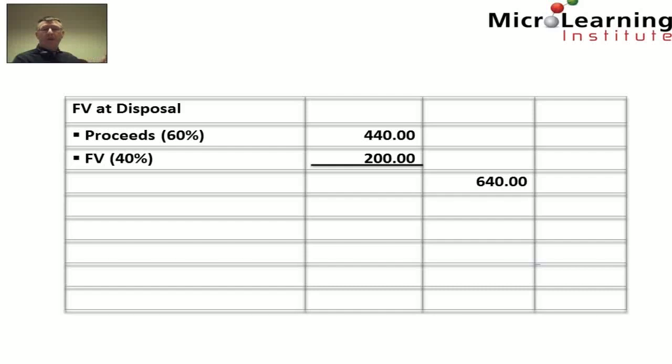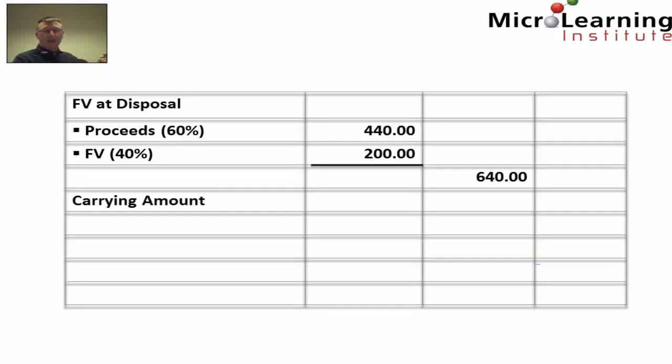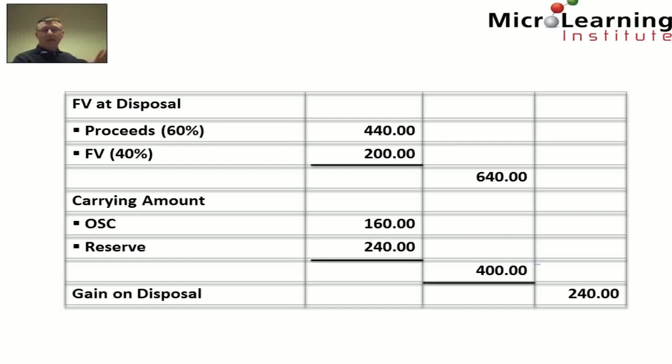We must now look at what we are carrying these assets at, and the carrying amount is made up of ordinary share capital in Vision, which is 160, and reserves at 240, giving us a total of 400. So in order to calculate the gain on disposal, we compare the fair value of the entire entity of Vision with the carrying amount on the statement of financial position, and we see that we make a gain on disposal of $240,000 on disposal of the 60% holding of Vision.